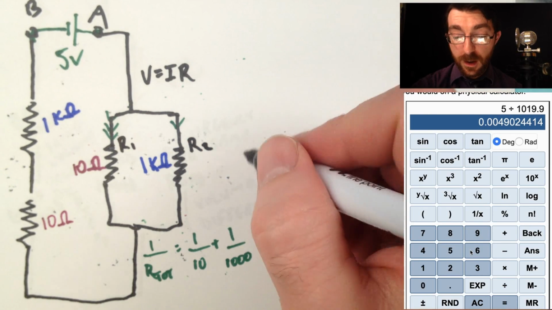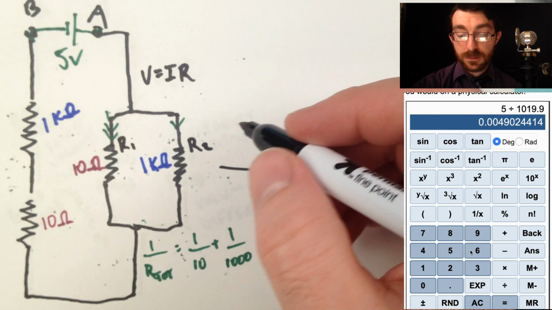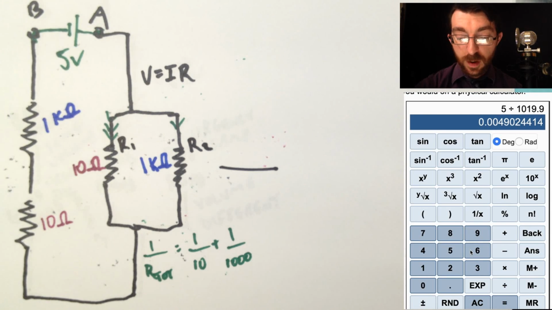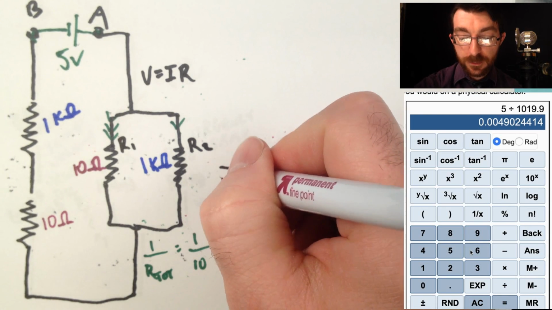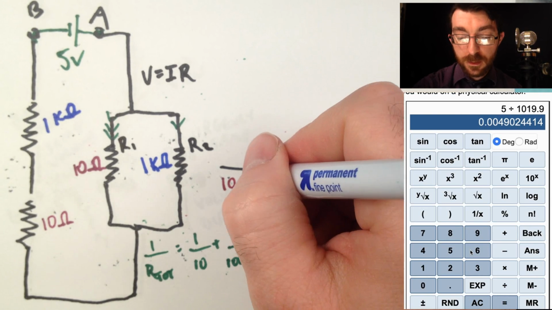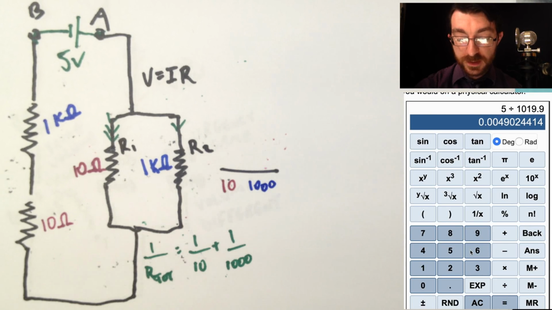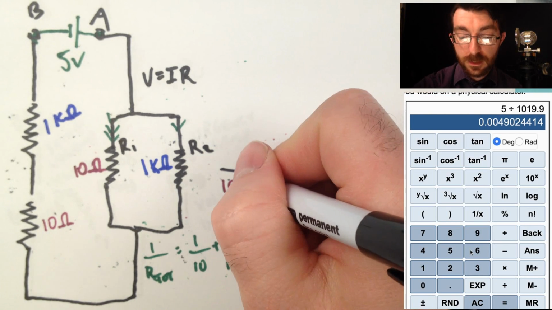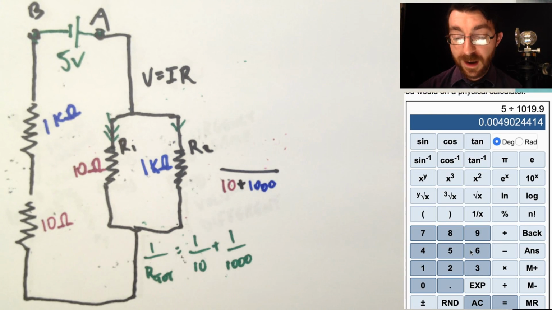So if I put in a fraction, resistor 1 plus resistor 2 in the bottom, that's 10 plus 1,000. We're out of 1,010.